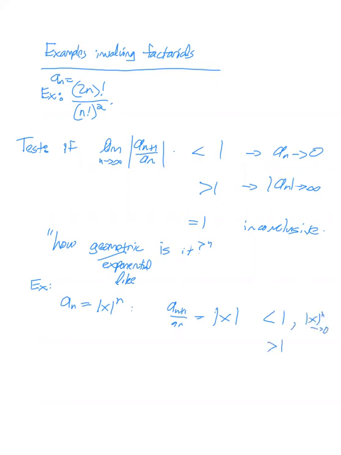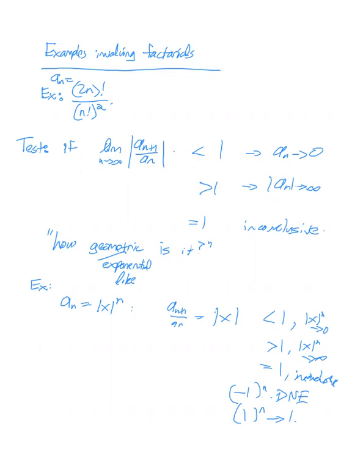If this is greater than 1, then absolute value of x to the n blows up. And if it's equal to 1, well, it's actually inconclusive, because -1 to the nth power certainly qualifies, but this does not have a limit, whereas 1 to the nth power goes to 1. So the test just doesn't tell you anything in those cases.